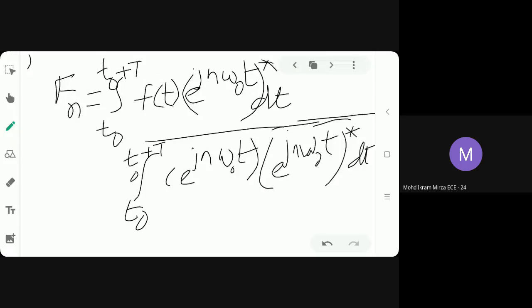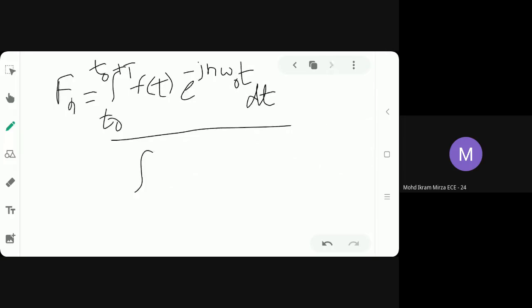What is there in the denominator? e power j n omega naught t into the conjugate of e power j n omega naught t. So what is the conjugate of e power j n omega naught t? It is e power minus j n omega naught t.